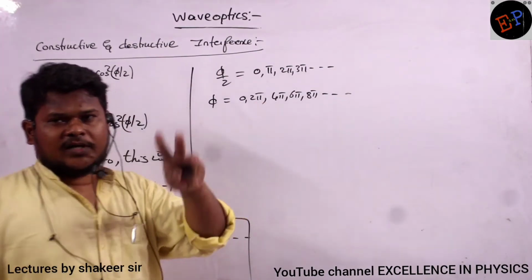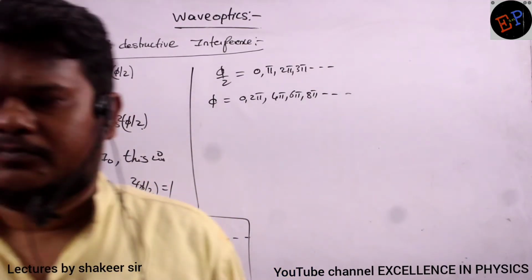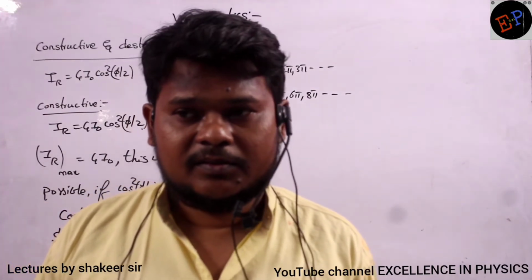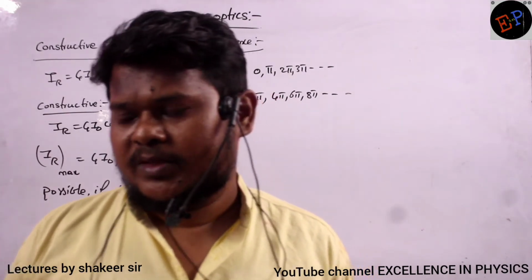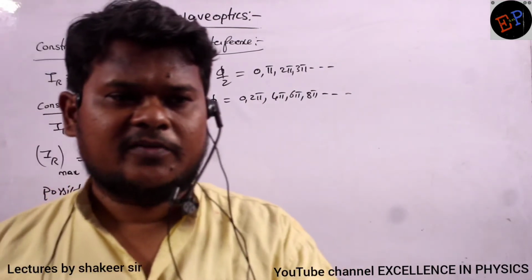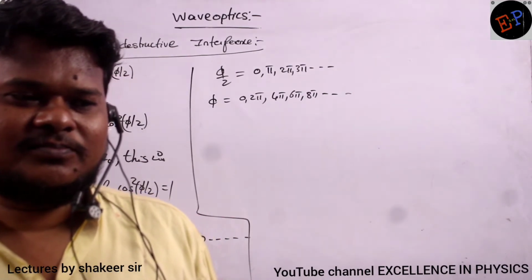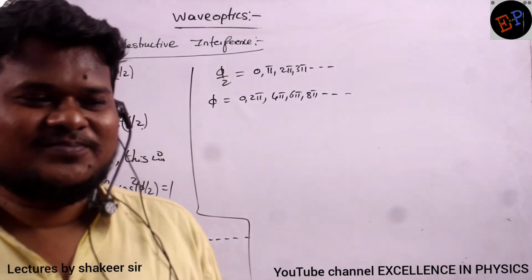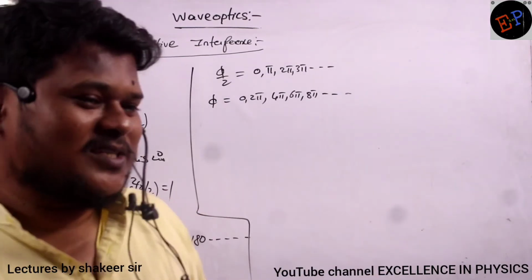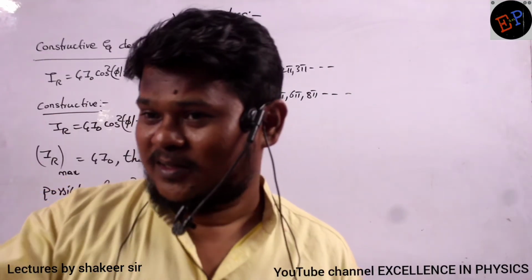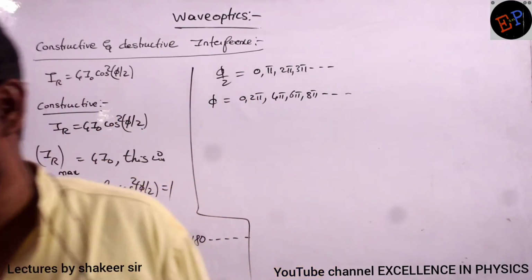What is meant by phase difference between two waves being 2 pi? What is the meaning of it? Think and tell me. What is meant by phase difference of 2 pi between two waves? I am not talking about one wave here.